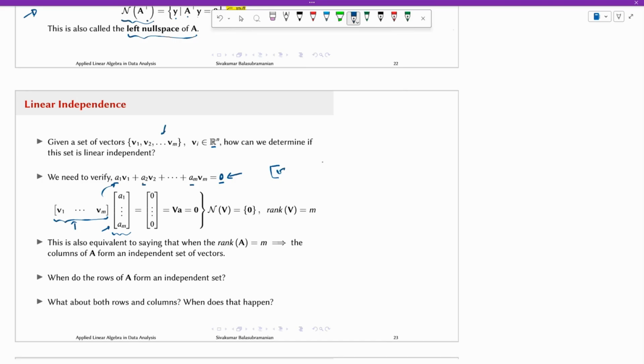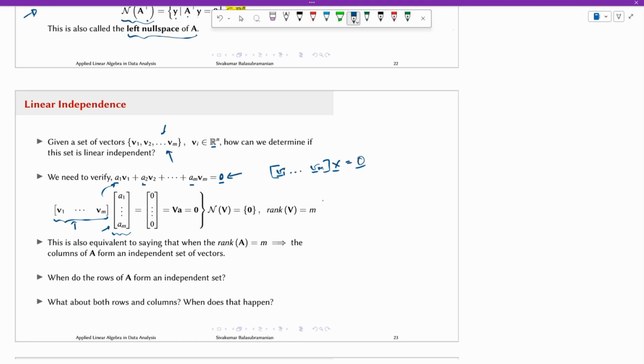So if you want to find out if a set of vectors is linearly independent, then you simply take the set of vectors, form a matrix, and then solve this equation. X is unknown, a set of scalars.